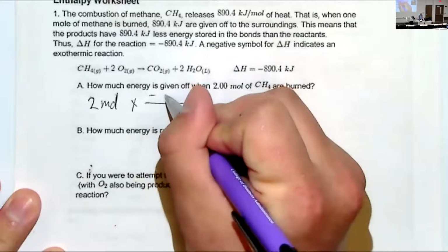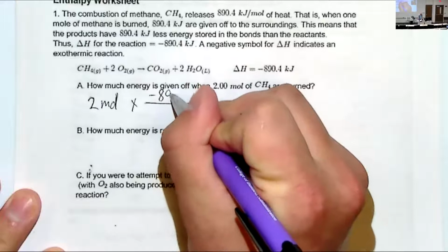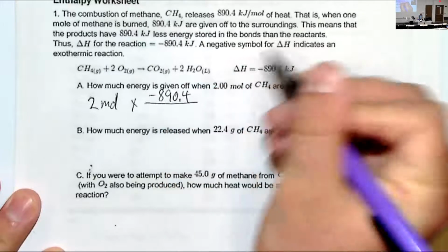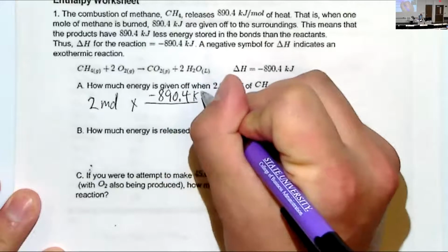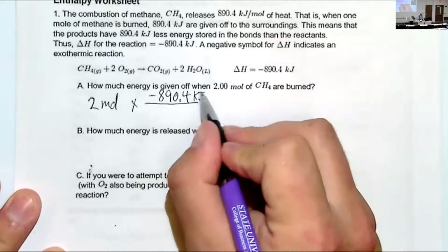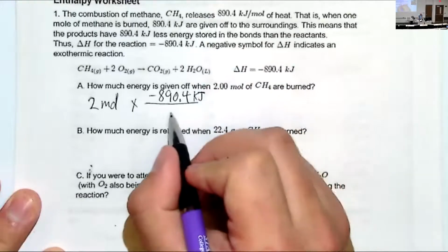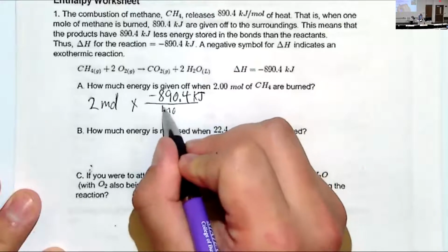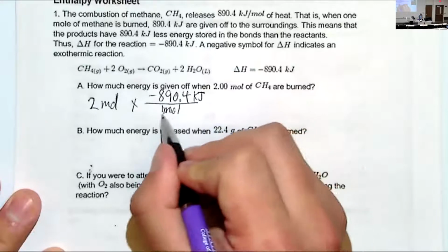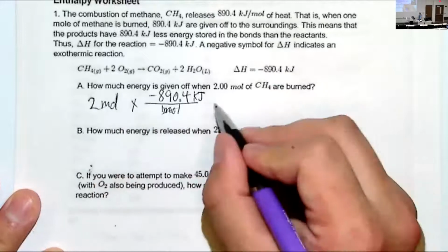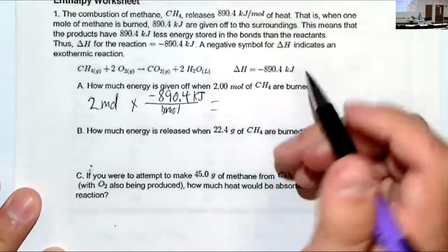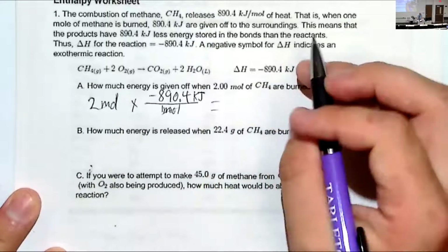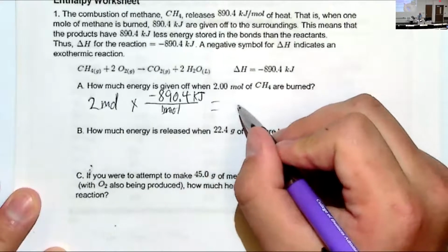So we put that up here, with our kilojoules, which is our unit of measurement for heat. Then we get 1 mole down here. Oh, that's an N. So our moles are going to cancel, and we're going to get how much heat is going to be released into the surroundings.